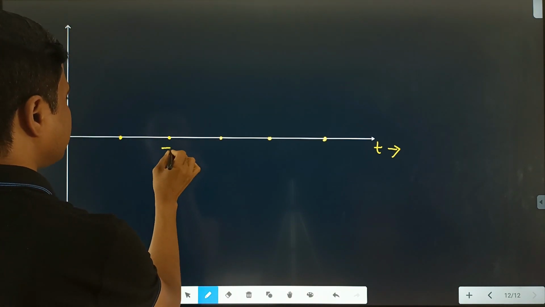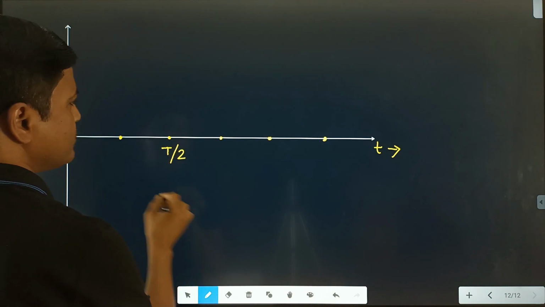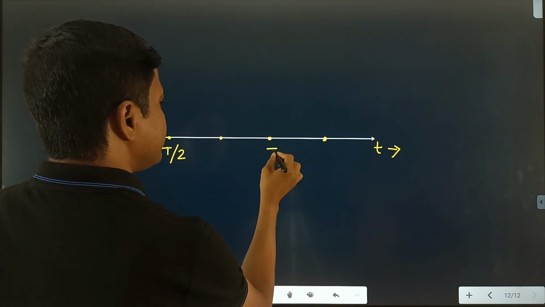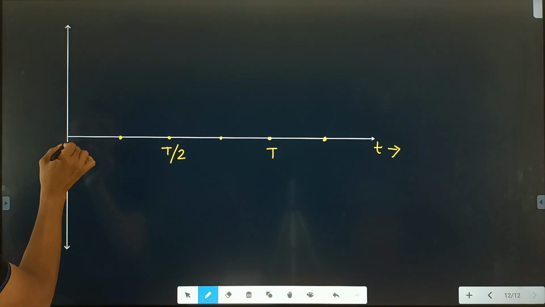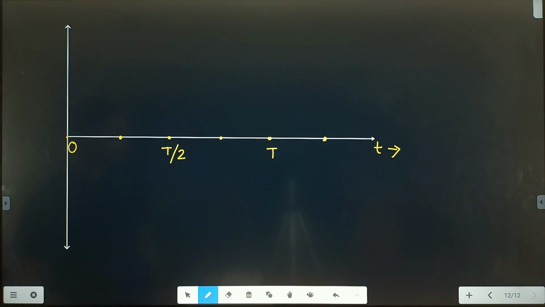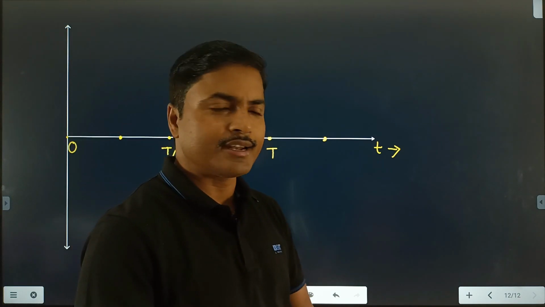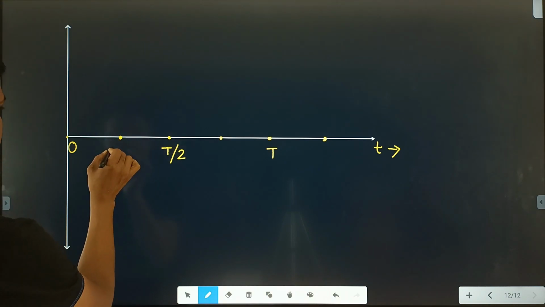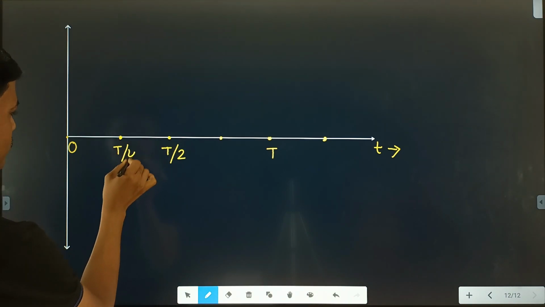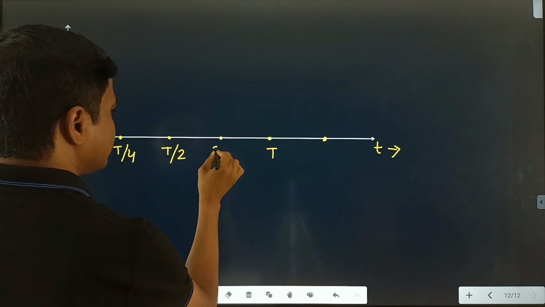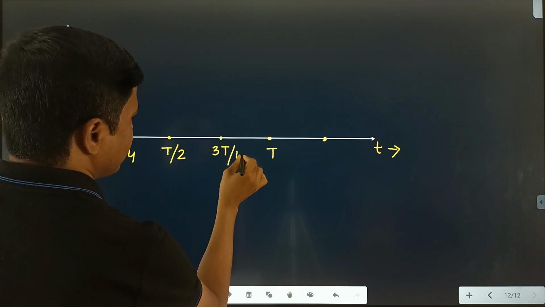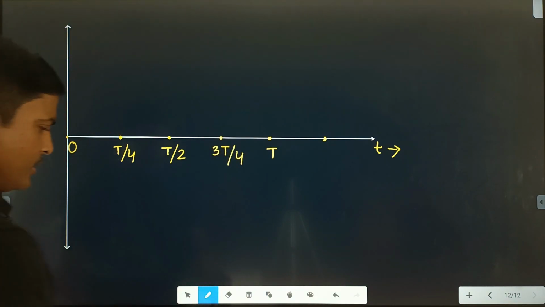Suppose this is half of the time period, we write T by 2. This is the time period, we write T, and this is the initial point, we write 0. In between 0 and T by 2, this point we write T by 4. This point we write 3T by 4. Clear?